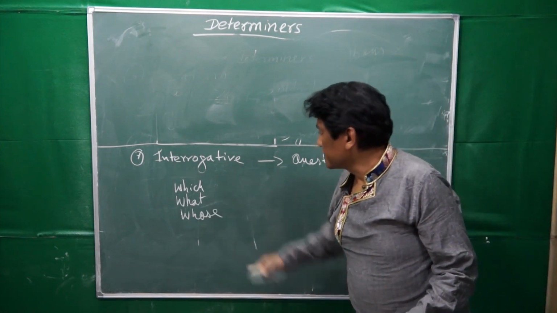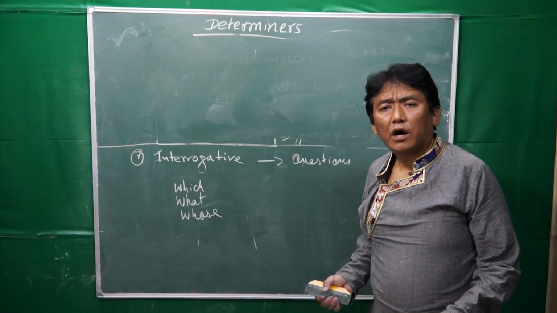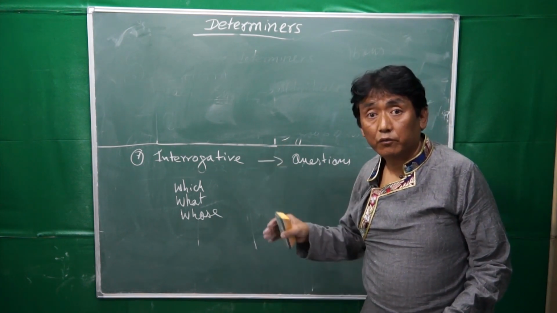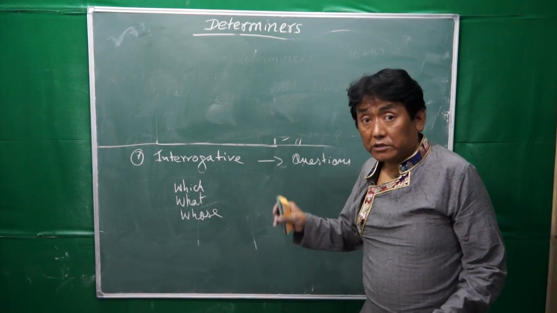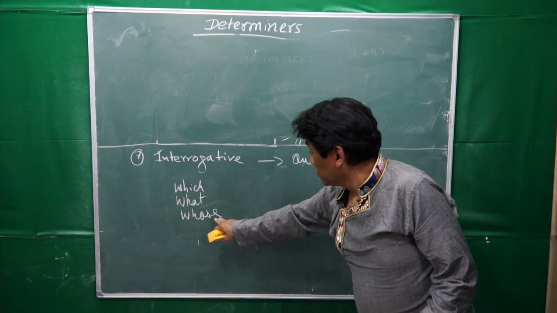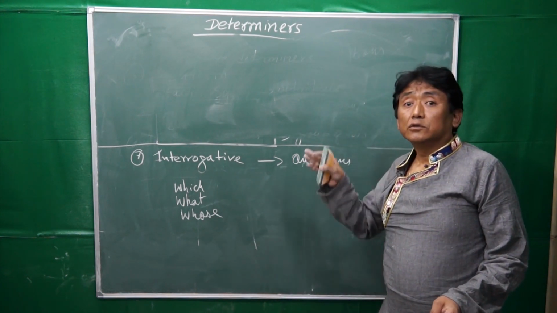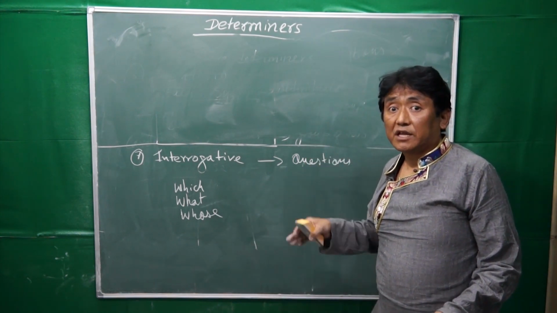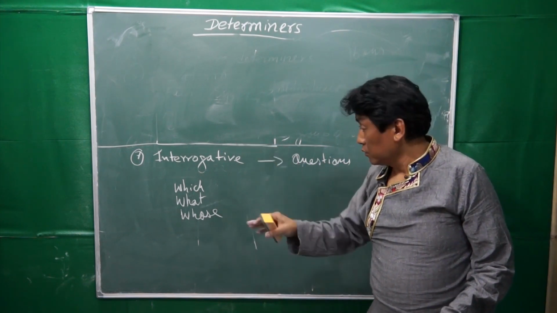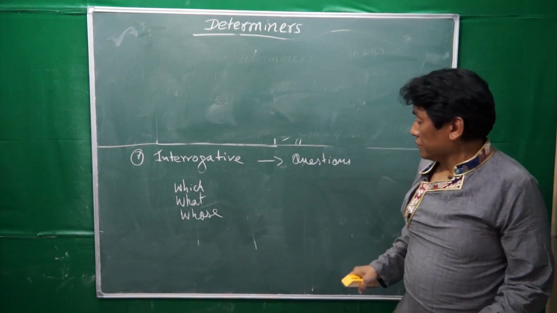The various types of questions you can see here. When we use this, which boy are you talking about? We're trying to determine that boy. Which boy? I'm trying to see that boy, right? And whose son is the most intelligent in the class? We're looking for the son, S-O-N, son. All right.